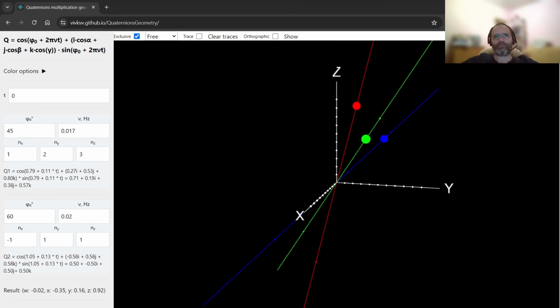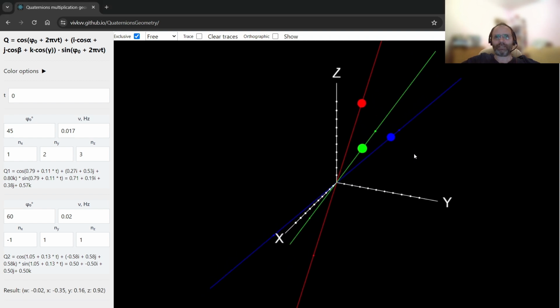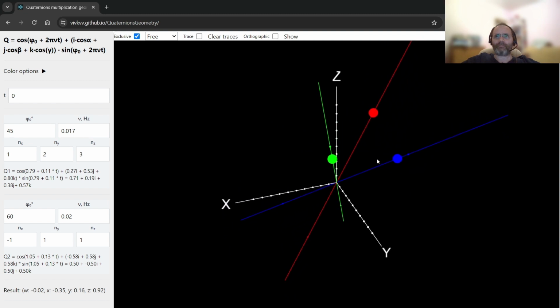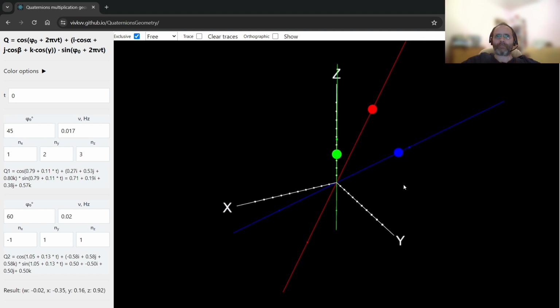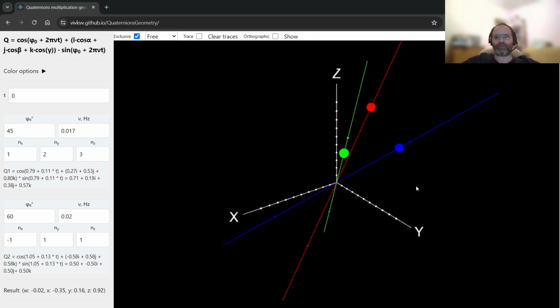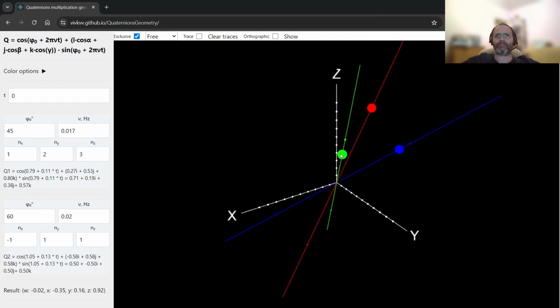Now let's move on to quaternion multiplication. Let's set some parameters so everything is clearly visible. What is happening here? We are multiplying the first quaternion, green, by the second, blue, and obtaining the red quaternion.